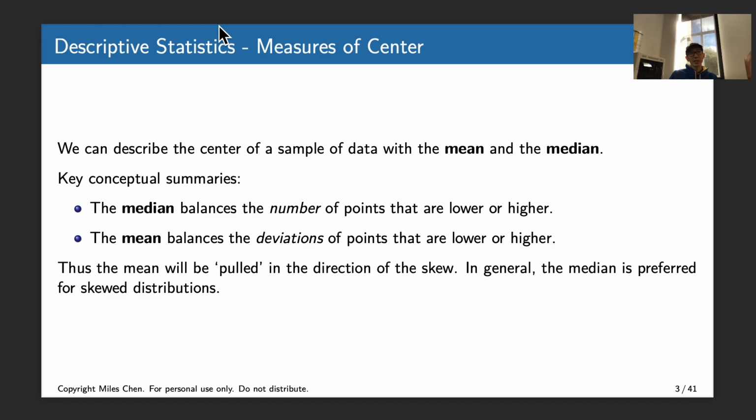Because the mean balances the deviations, if you have a particularly deviant point, really high above, skewed to the right, the mean gets, quote unquote, pulled in the direction of the skew. Because of that, for skewed distributions, we often prefer to use the median.